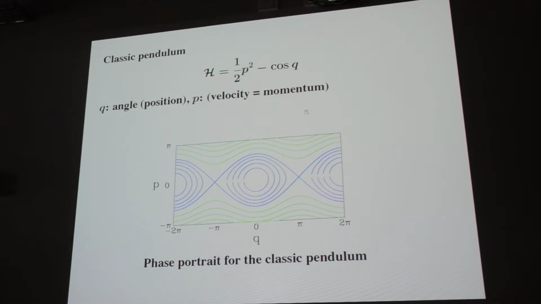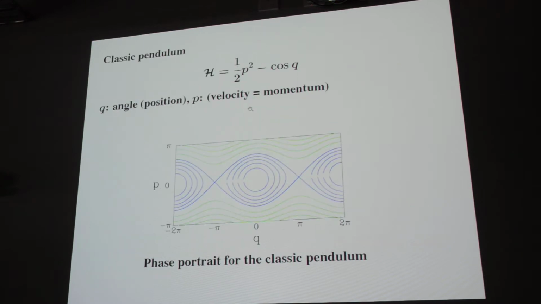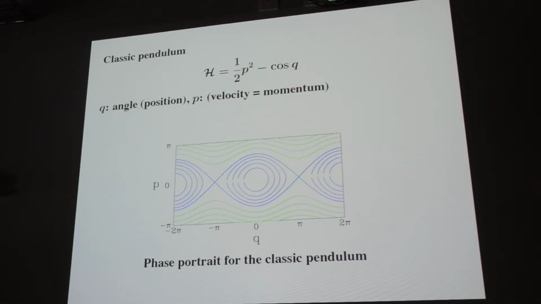What are the fixed points? We did it in the previous class. We have p dot equals a right-hand side, and q dot equals a right-hand side. Let's see if I can, I don't really have a board. It looked something like this.